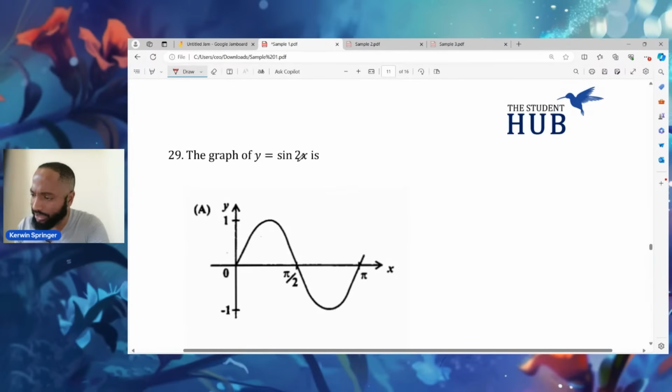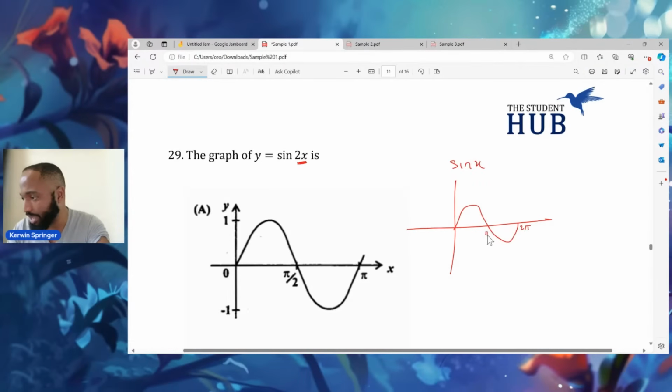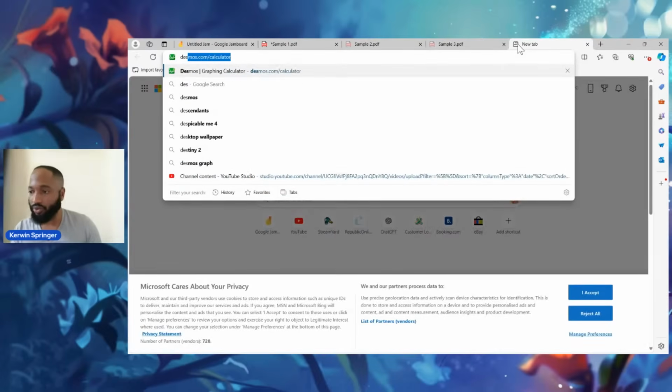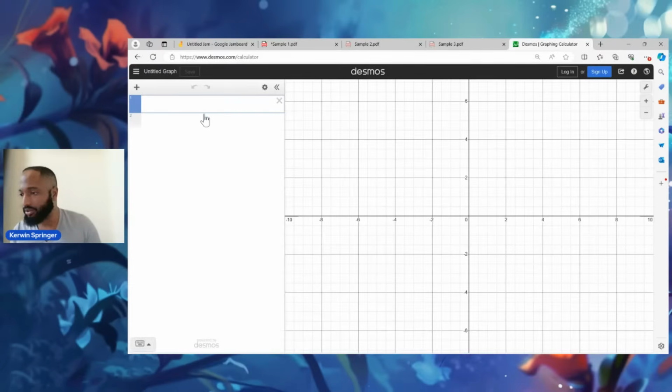The graph of y is equal to sine 2x. So this means it's seeing ahead. In other words, if I give you the graph of sine x, this is 2 pi, this is pi. You know what? Let me show you it on decimals, so you can know it once and for all now.